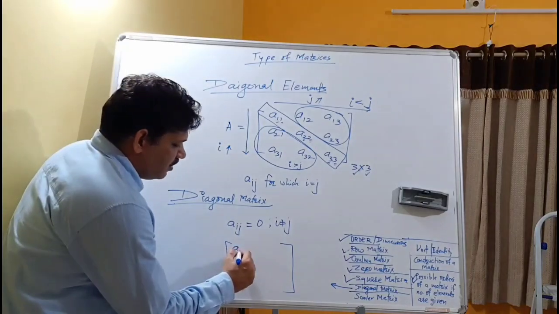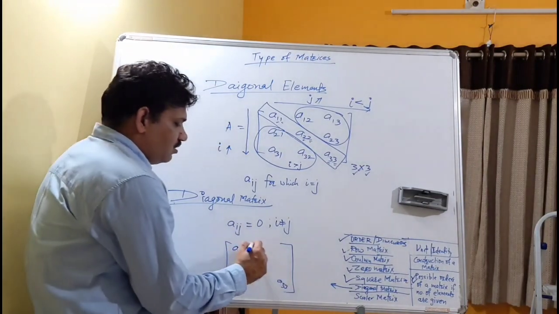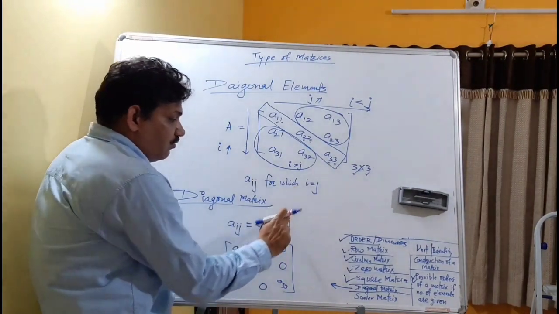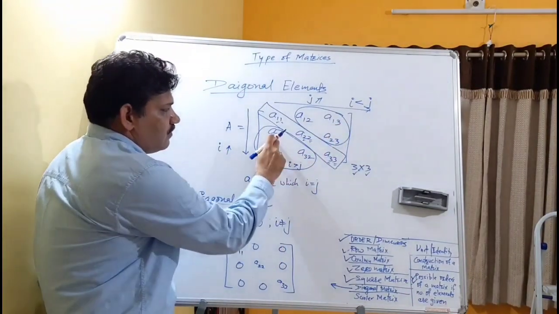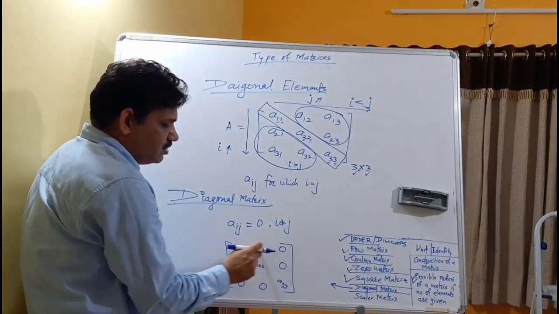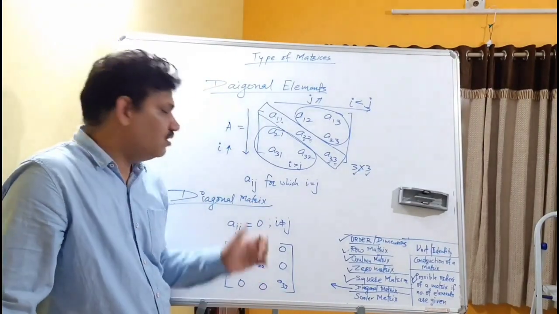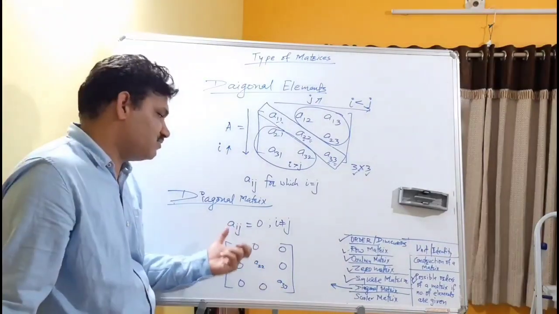So here you can have a11, a22, a33 and other elements must be 0. Whenever i is not equal to j, those elements are 0. And where i is equal to j, nothing is given. So you can have here different elements, you can have same.